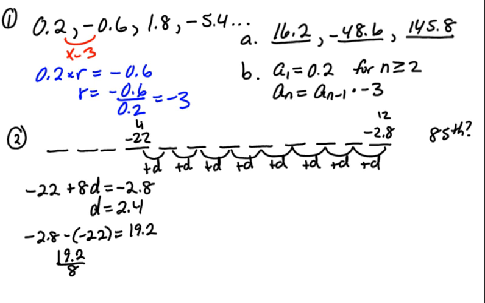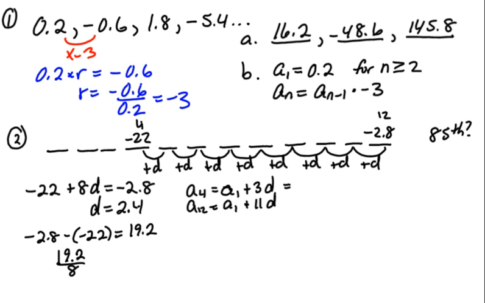12th term using the formula, you can say the fourth term, a sub 4, is the first term, a sub 1, plus 3 times d. And the 12th term is a sub 1 plus 11 times d. Well, of course, I don't know a sub 1 and d, but I do know what a sub 4 and a sub 12 are.